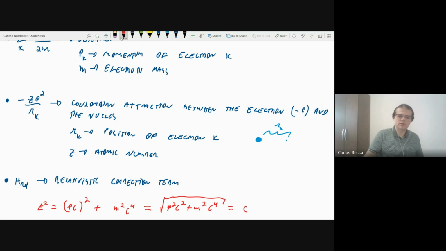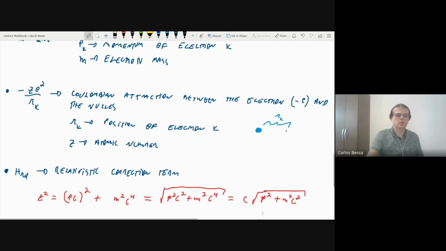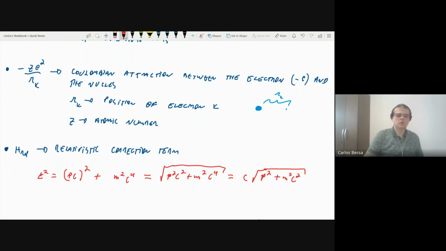You can write this as the square root of p squared c squared plus m squared c to the 4th, which is c times the square root of p squared plus m squared c squared.